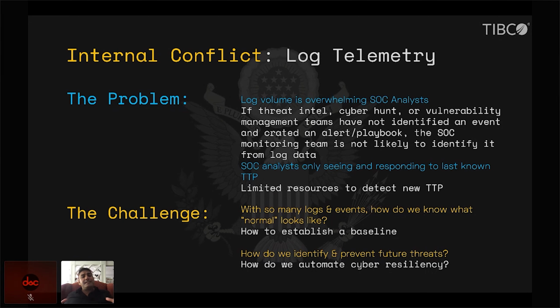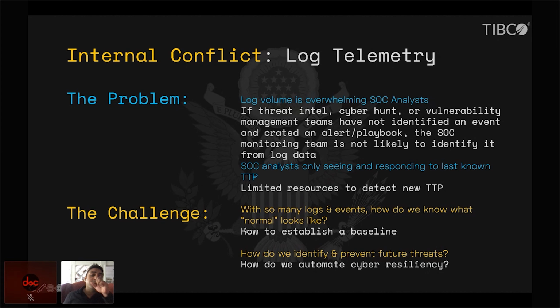But as the data sources become more complex, as those data sources become larger in terms of volume, it becomes that much more difficult for SOC analysts to ascertain what is the problem, what is the anomaly, what is the baseline in order to truly put off an event.